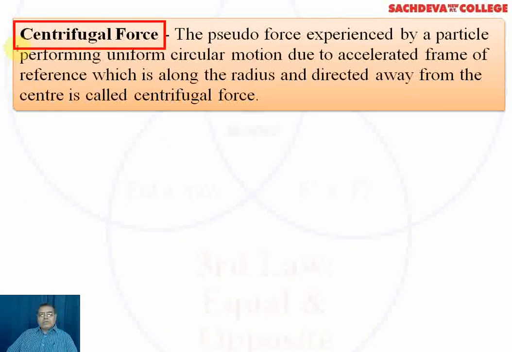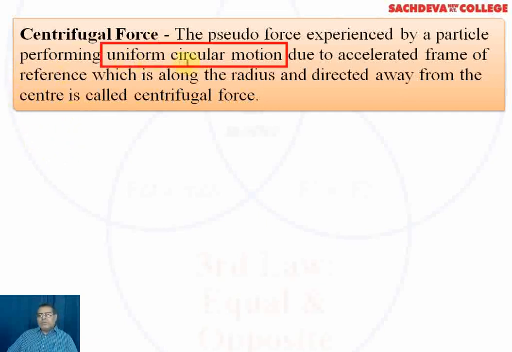Now we come towards the centrifugal force. It is known as the pseudo force, which means a virtual force, not a real one. It is the pseudo force experienced by a particle performing uniform circular motion due to the accelerated frame of reference.